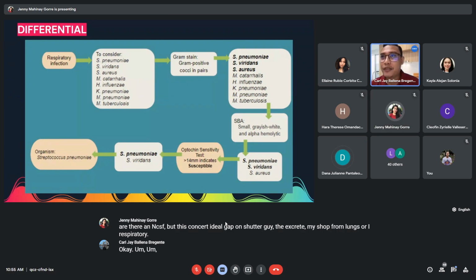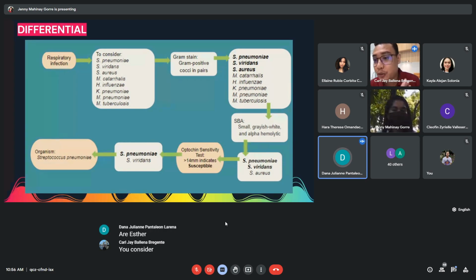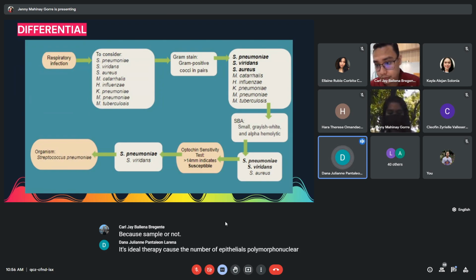I am asking if the sputum quality is correct or not. Do you consider this a true sputum sample or not? It's ideal, sir, because the number of polymorphonuclear cells is greater than 25.